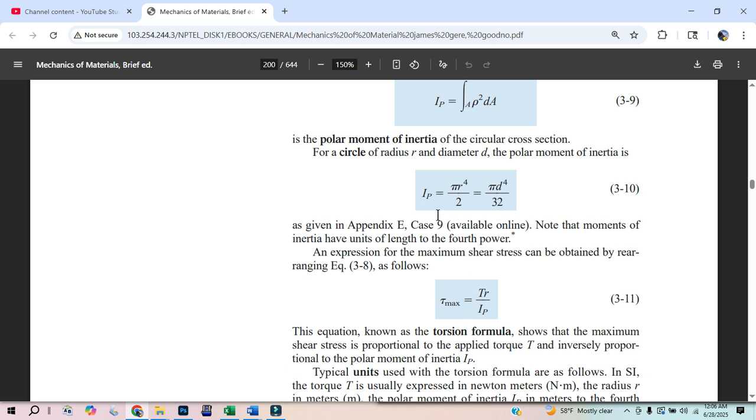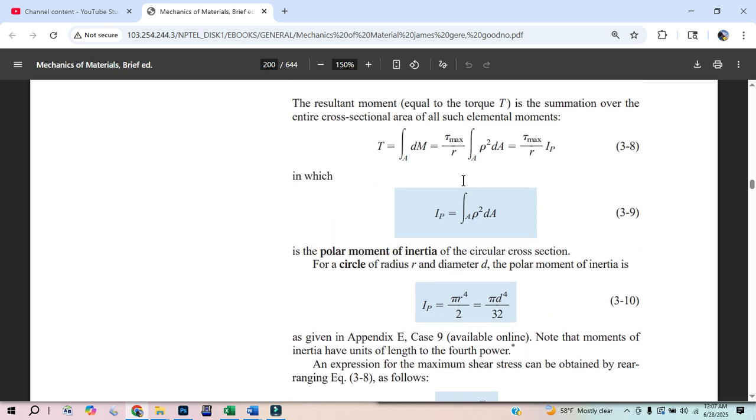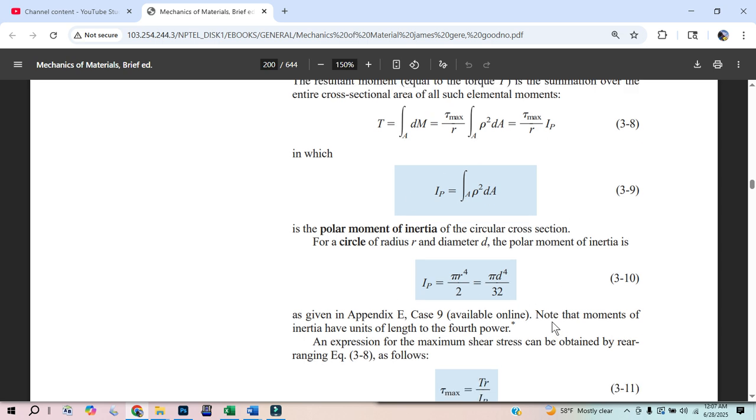you should be writing it in terms of what you know. If you have a solid cylinder, you use this. If you had a hollow cylinder, you would just integrate, but you have no r on the inside, so instead of 0 to r, your limits of integration are inner radius to outer radius, and that's going to pop up in this IP term.